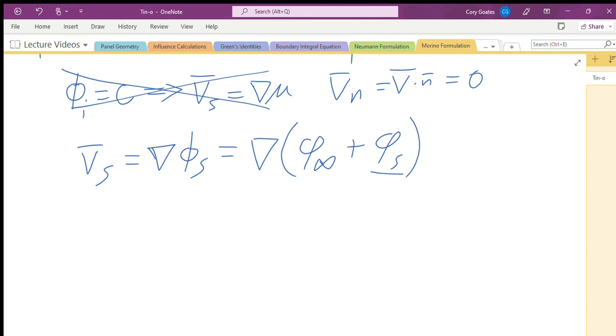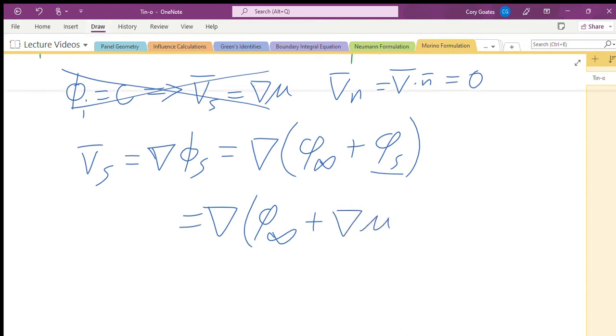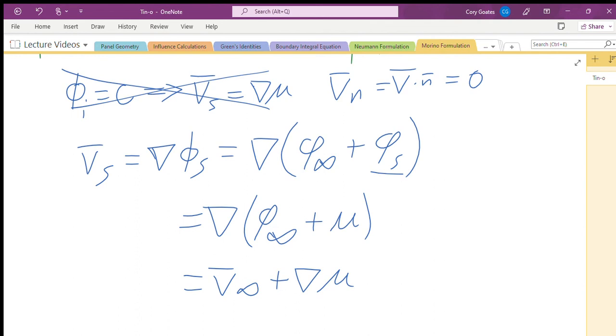And so this then gives us the condition that this is equal to the gradient of phi infinity plus mu. We can distribute the gradient through. We can say this is equal to V infinity plus grad mu.